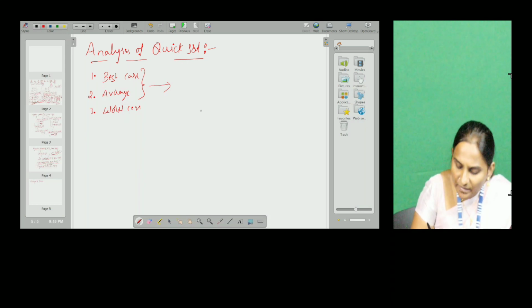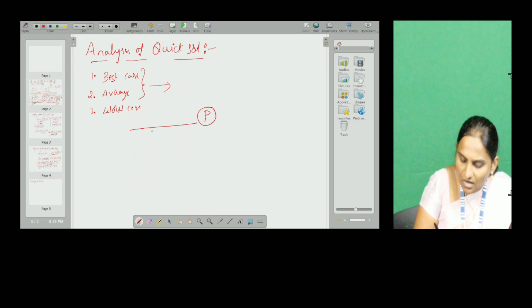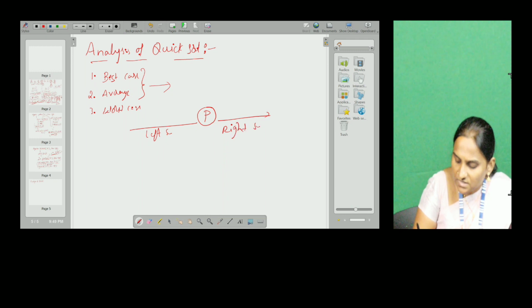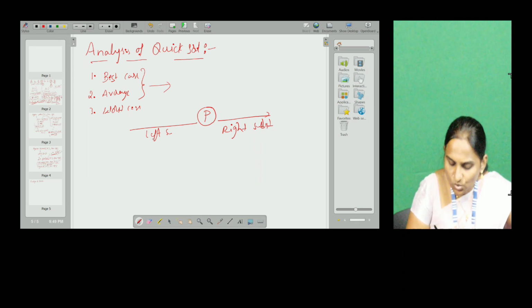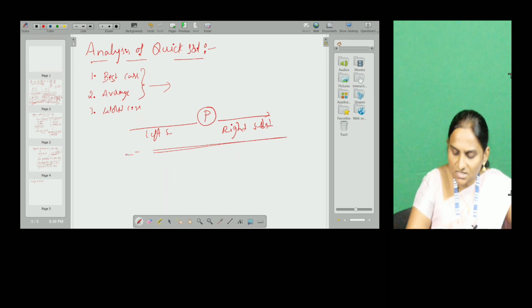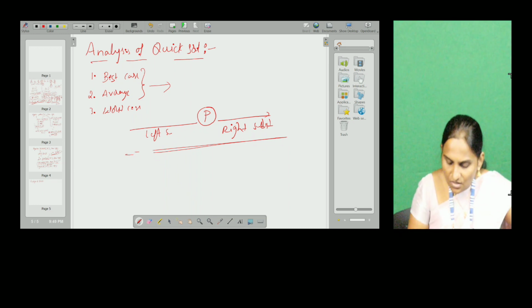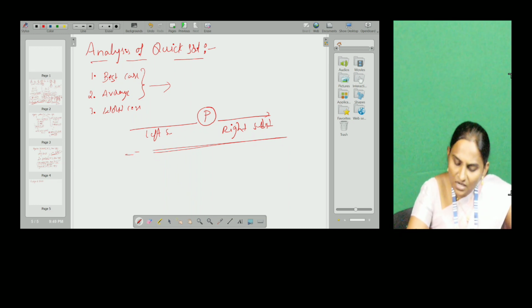If the pivot element is in the middle position and forms the two sublists, left sublist and right sublist. For these type of elements, the best case and average case time complexity will occur.